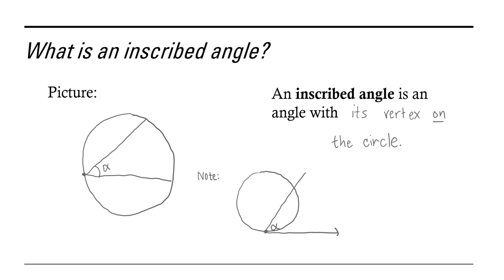Another thing I want to point out is that if I draw the inscribed angle and it cuts off the same arc, these angles would be congruent no matter where I draw the inscribed angle. I'm going to show you a little animation of that. The inscribed angle is going to be the same measurement if it cuts off the same arc.